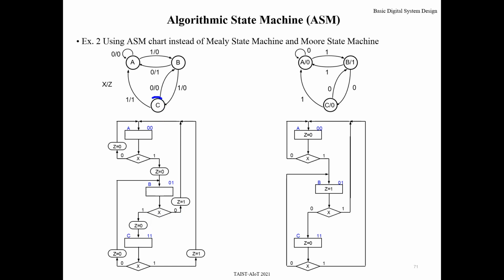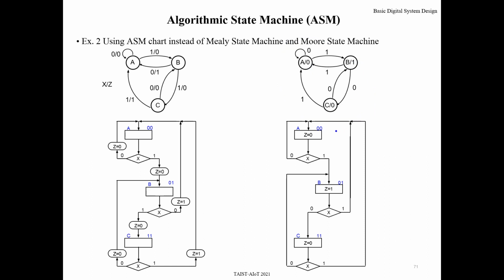And the last state C, you go to B when input is 0, and go to A when input is 1. Okay, X is 0, go to B, X is 1, go to A. And for this one, it is a Moore type state machine.